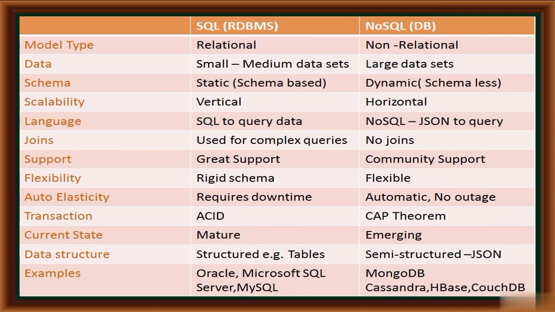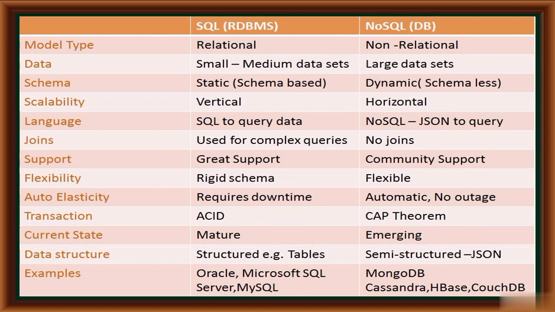And the NoSQL databases use the CAP theorem type of transaction. Although it's a work in progress, so this can vary in some instances of NoSQL databases. The current state of traditional databases is that they are mature, they've been around for a while, and they are robust.